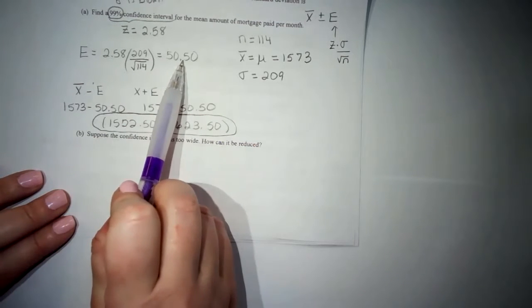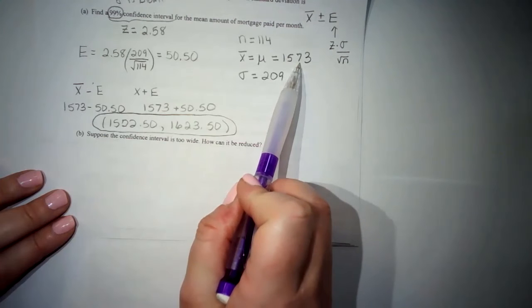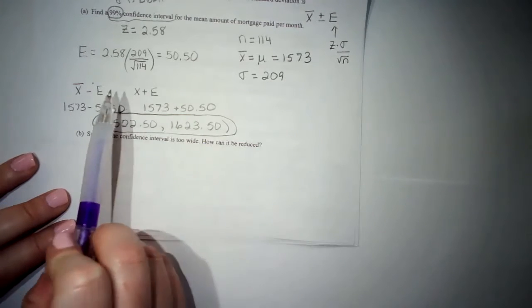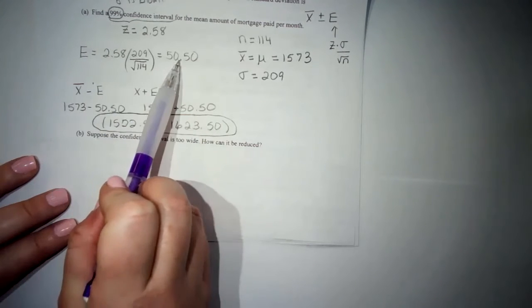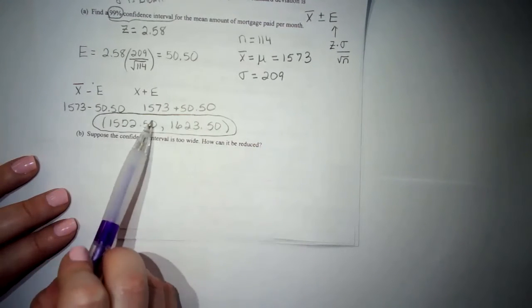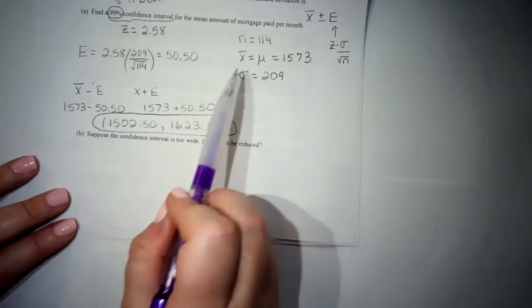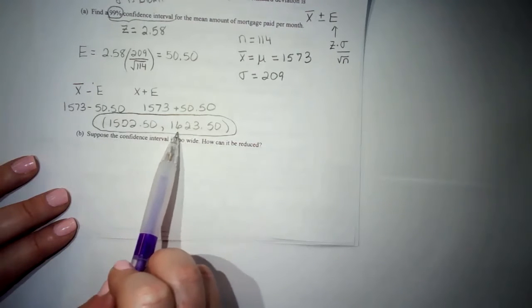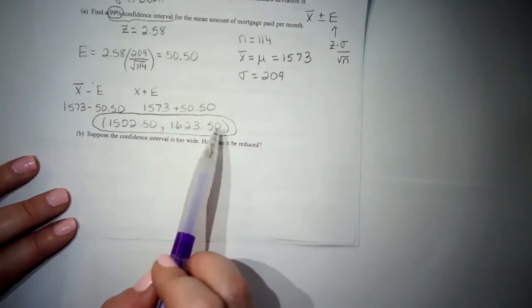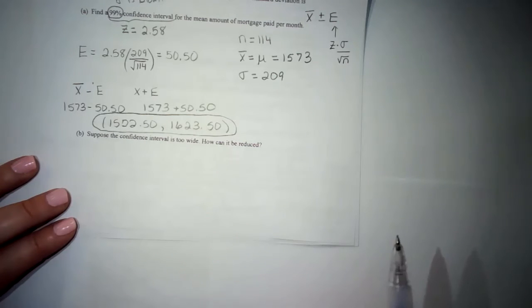So I found my E, then I took my mu or my X bar. I did X bar minus E, that was this little number. And I did X bar plus E, and that's that bigger number. And I just put them in parentheses with a comma between them, and I'm good. Is that okay?